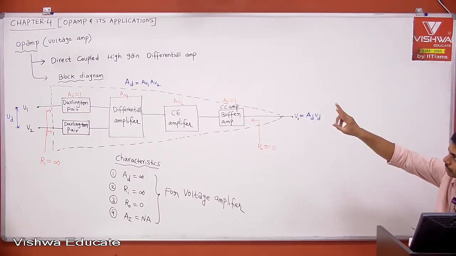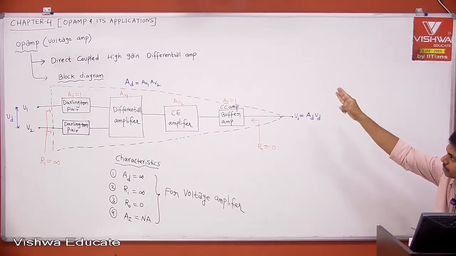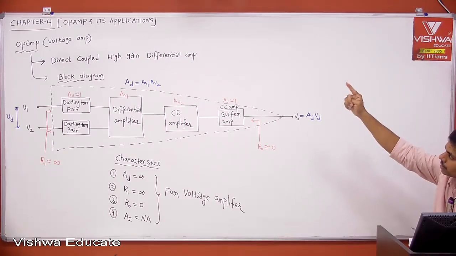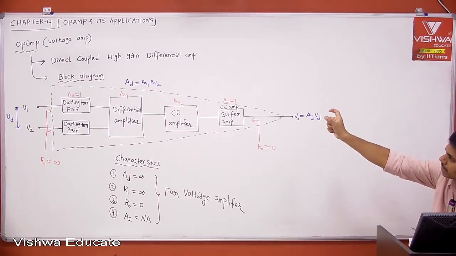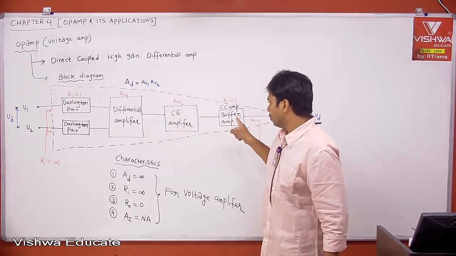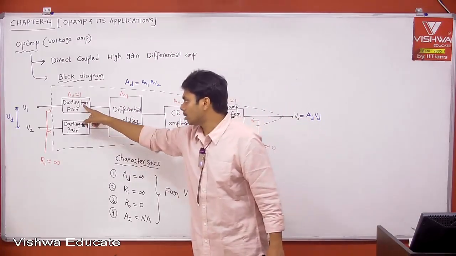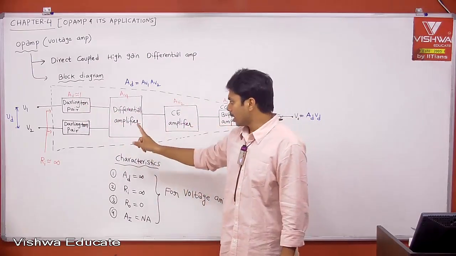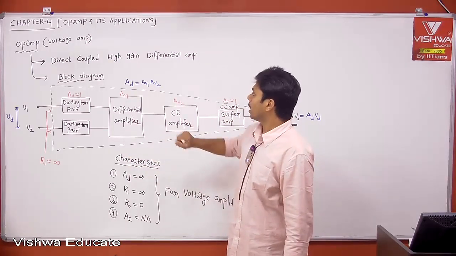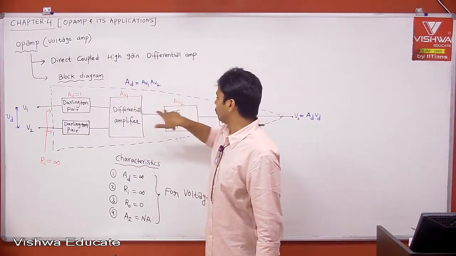Out of the 3 important terms of op-amp, direct coupled, high gain, differential amplifier, you know high gain because of these 2 stages you are getting gain. Because of the buffer amplifier and the Darlington pair we are not getting gain. We are getting gain because of the differential amplifier and common emitter amplifier, right? Then high gain you understood because of 2 stages.